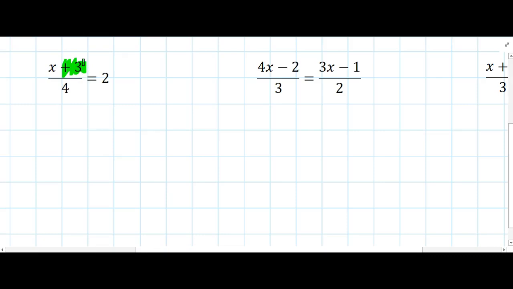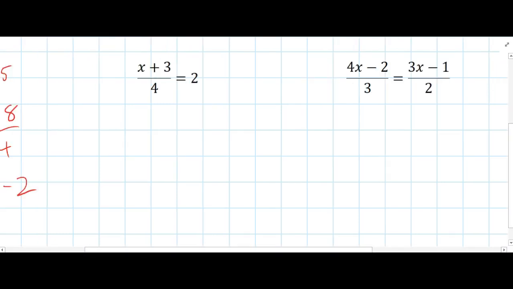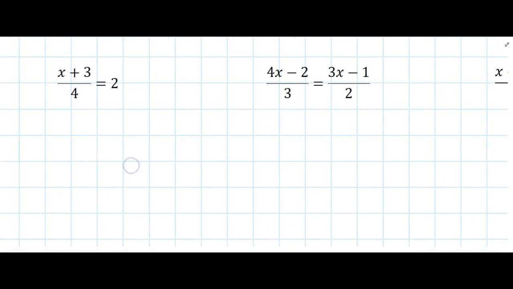The way I like to think about it is, the way you read this expression here, you do the opposite in reverse order to solve it. So for example, x plus 3 divided by 4, to undo it, you times by 4 and then take away 3 in that order.